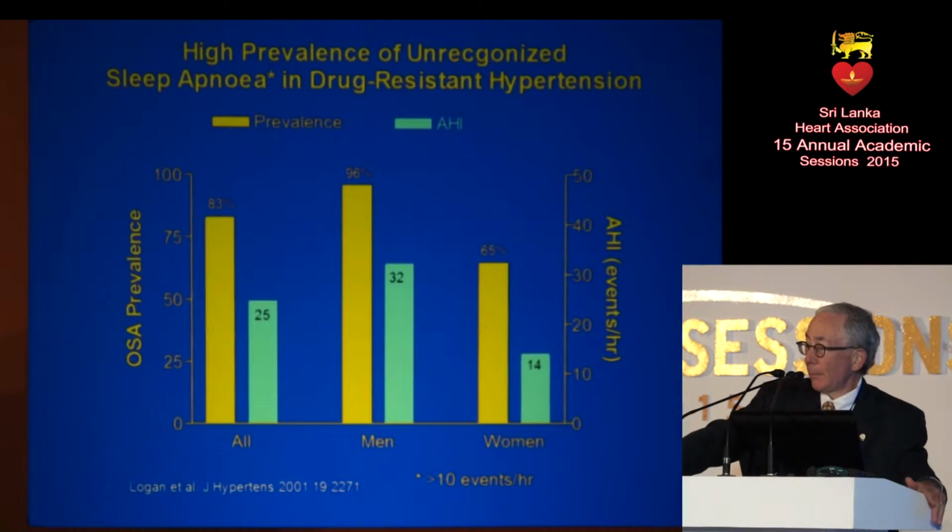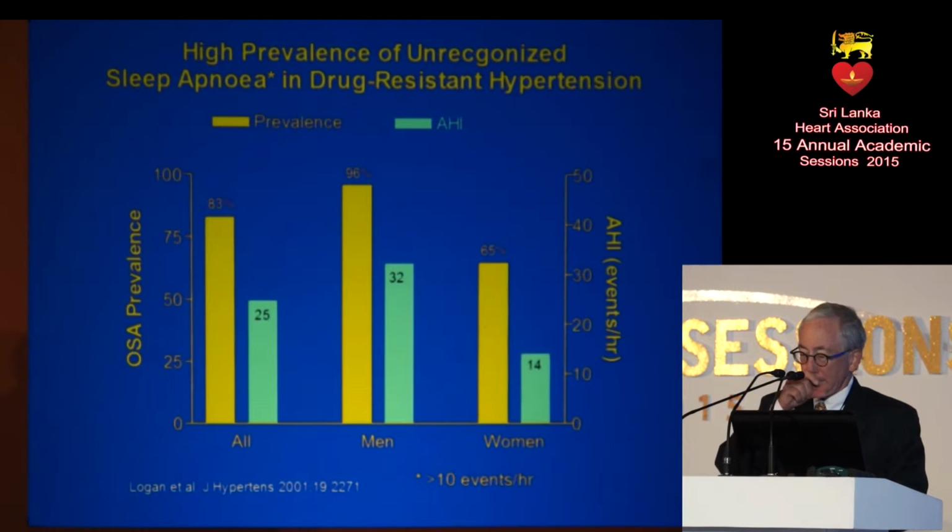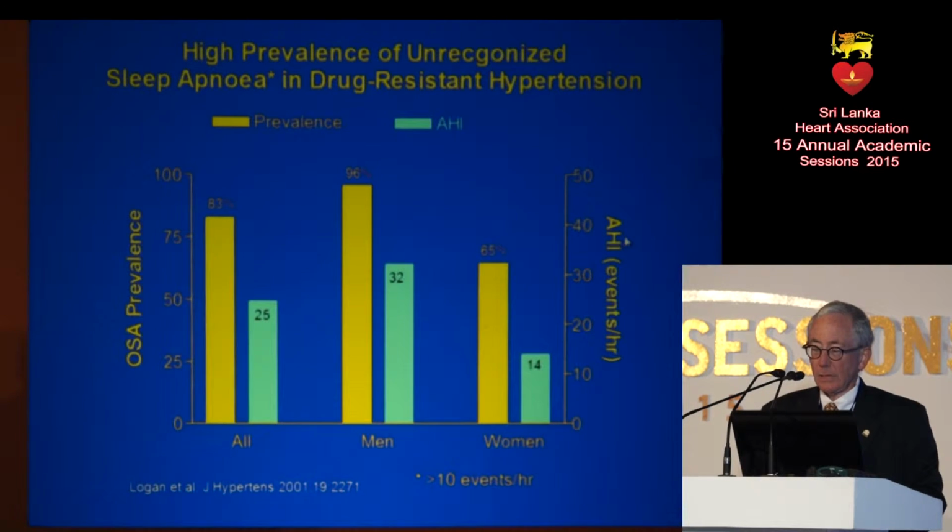And the other point I want to make with that clinically is the greater prevalence of sleep apnea in people with drug-resistant hypertension, regardless of gender, as you can see here. AHI, shown on the right here, is the apnea hypopnea index, which obviously is much greater in individuals.